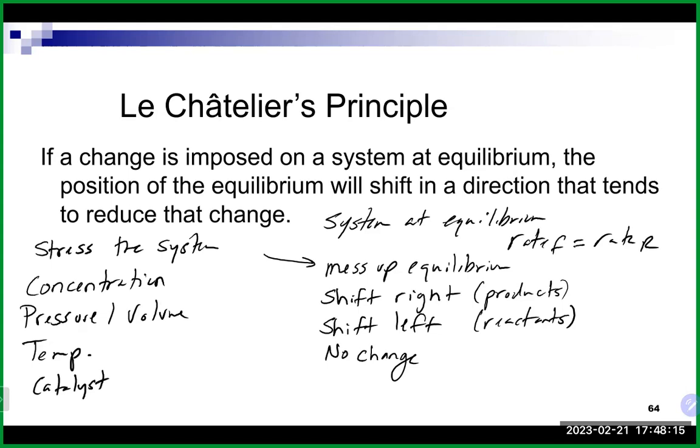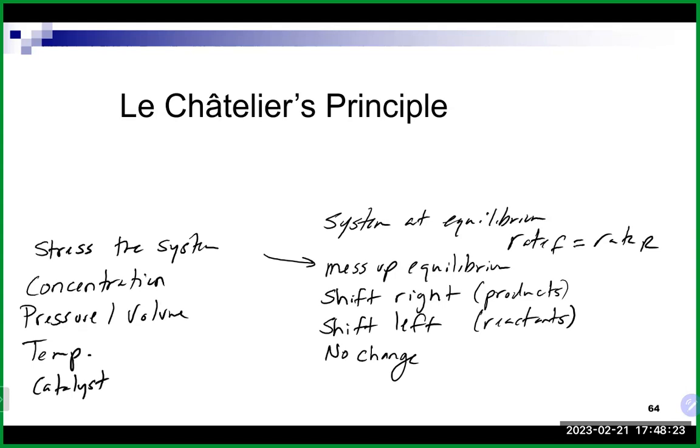So let's start with concentration and talk about how that works. If we do something to the concentration in a system that's at equilibrium, there really are two things that we could do. In terms of concentration, we could either add more or we could remove. Those are the two things that we could do to a system that's at equilibrium.